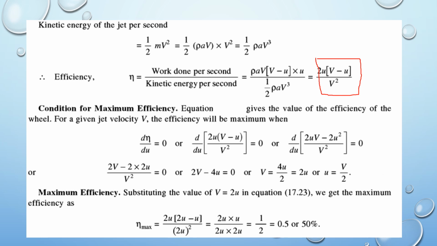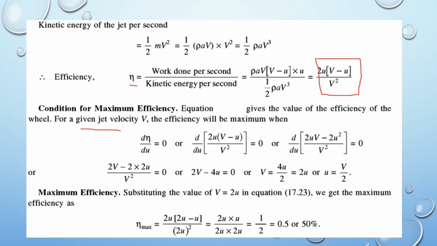Now, to find out the maximum efficiency, we have the expression for the efficiency here, and what is the condition for getting the maximum efficiency? Whenever we go for maximum efficiency, we differentiate with respect to a variable, keeping the rest constant.